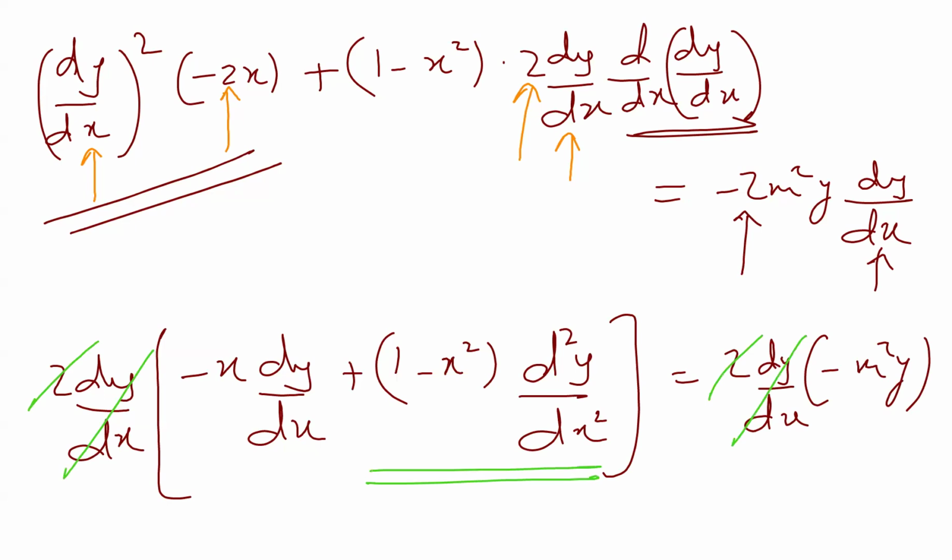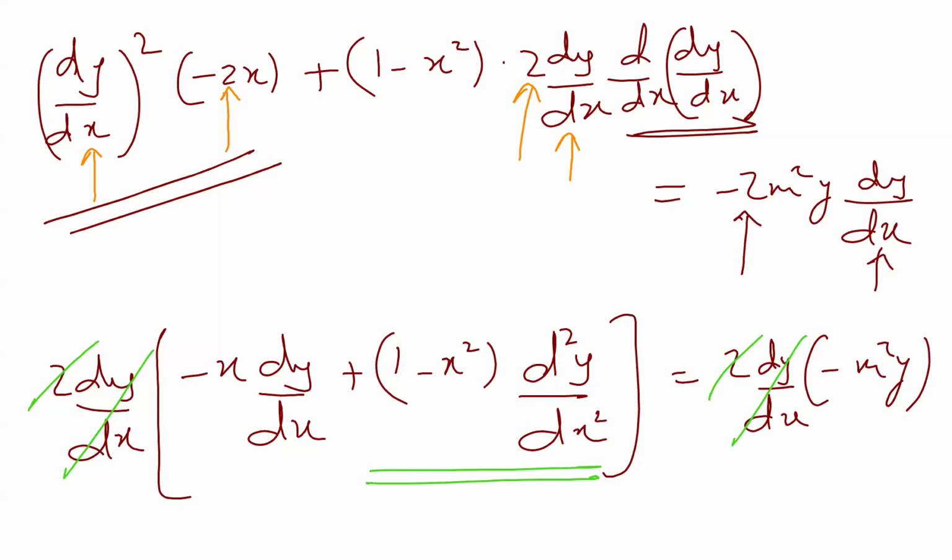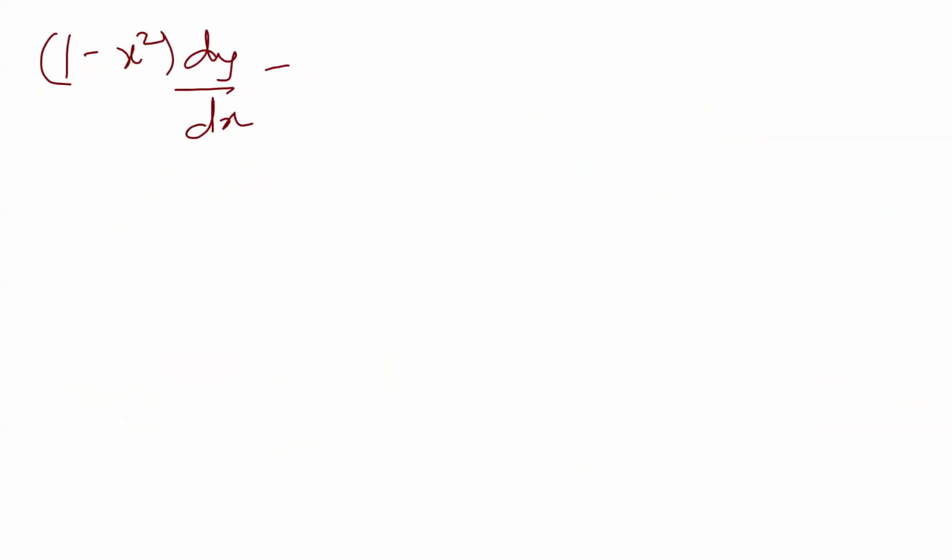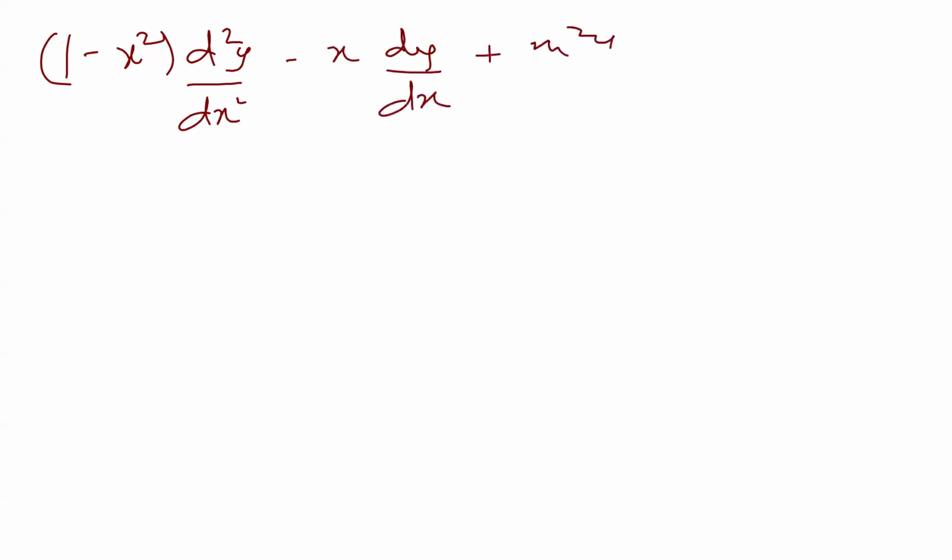Okay, so I'll write this term first. 1 minus x square, sorry, this is the second order derivative. 1 minus x square d square y by dx square minus x dy by dx plus m square y.